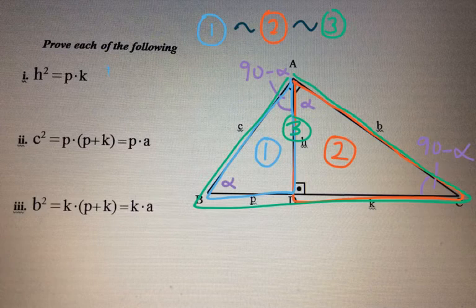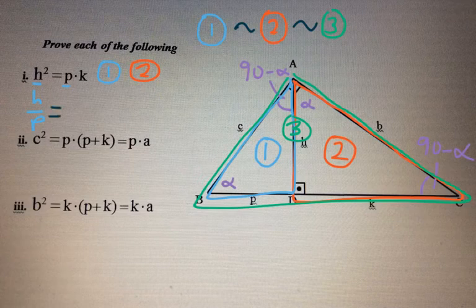So let's first compare triangle 1 and triangle 2. In triangle 1, we see that we have H here, and what else appears? P appears in that triangle. So that's our ratio there.